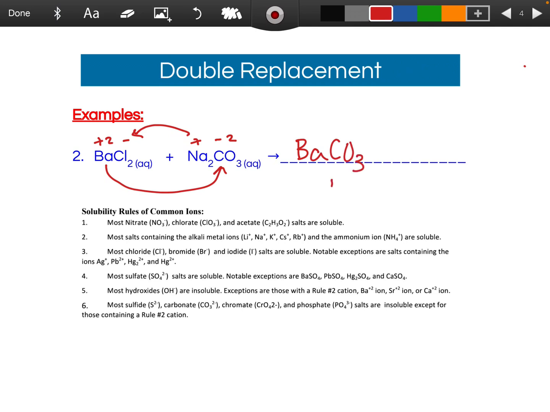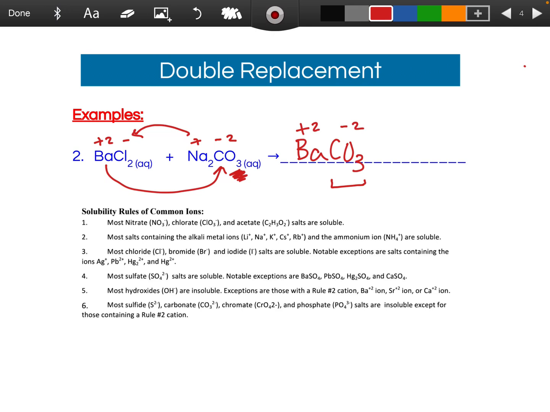If the product or the reactant has a polyatomic ion, remember a polyatomic ion has to stay together. So that's the only subscript that would ever transfer over from one side to another. Since CO3 is a polyatomic ion, it has to stay together because it acts like one thing.